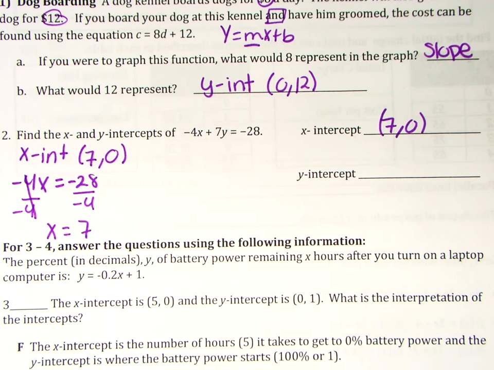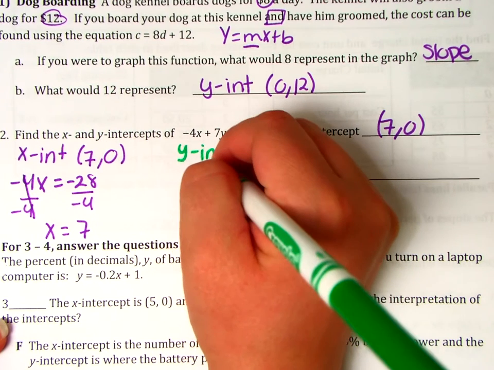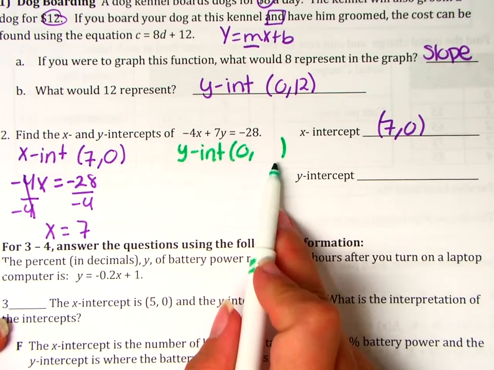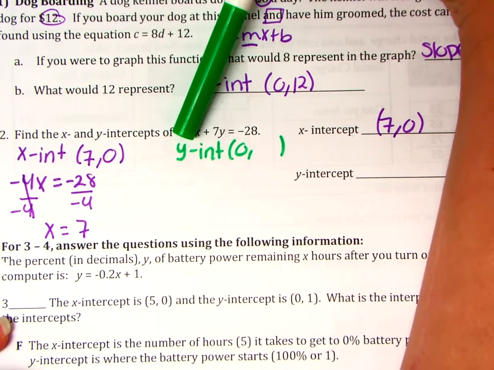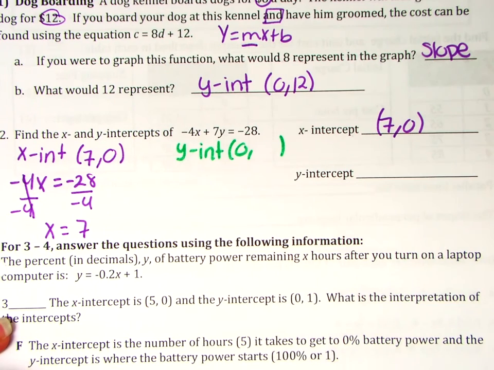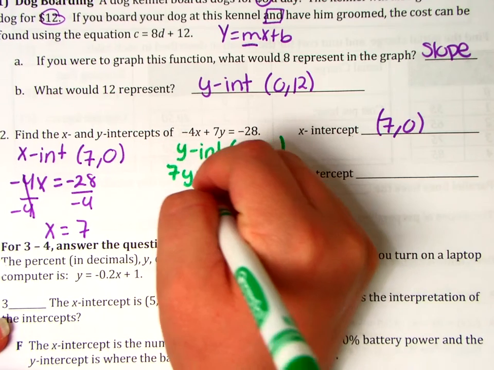Now let's move on to the y-intercept. So we're going to do the same thing, the cover-up method. We know for the y-intercept that the x has to be 0. So we're in charge of finding that second number. So if I cover up the x, I'm left with positive 7y is equal to negative 28. So that's exactly what I'm going to write.